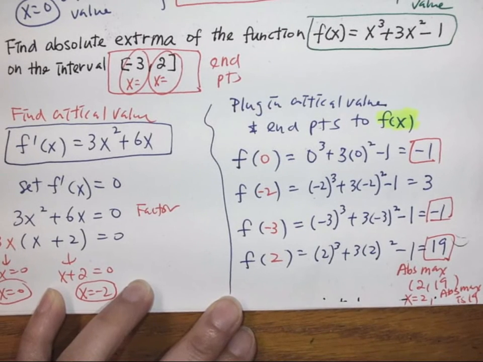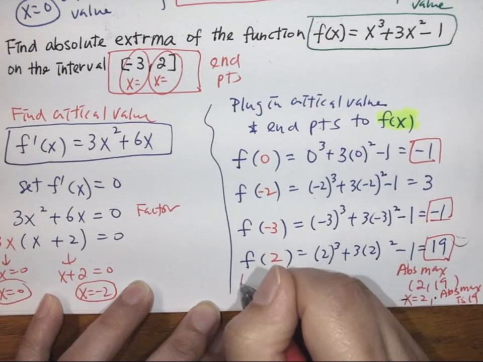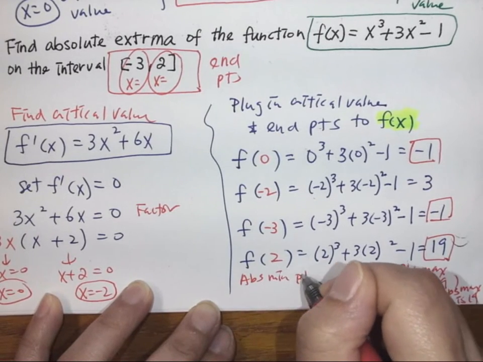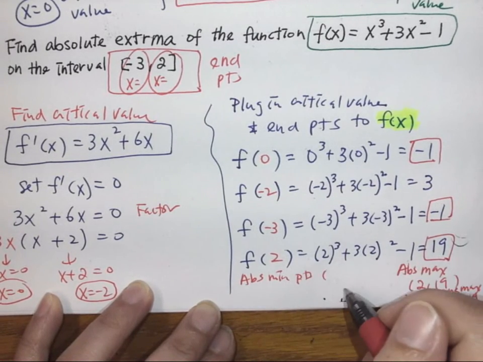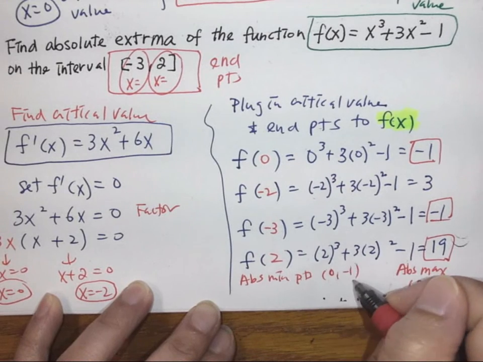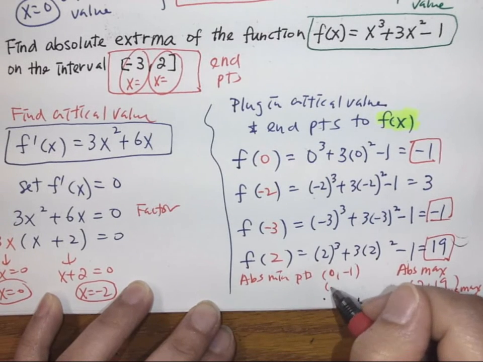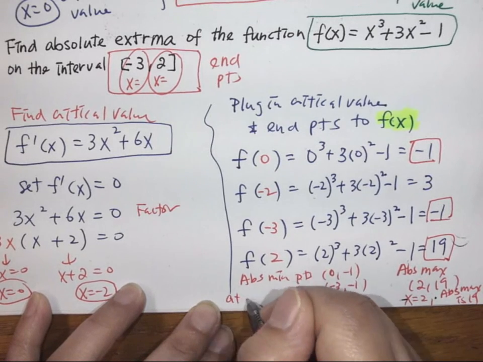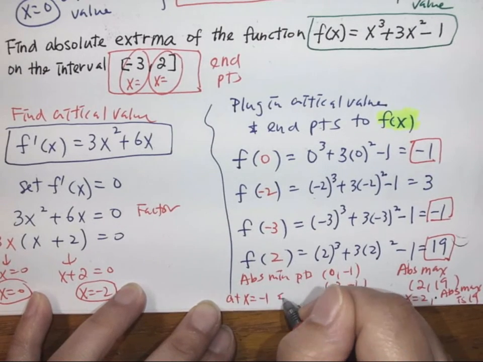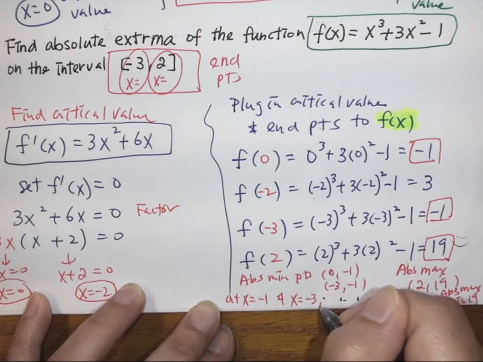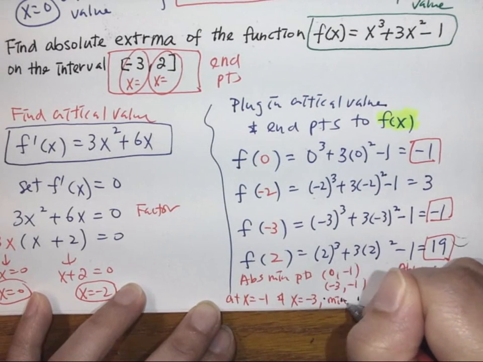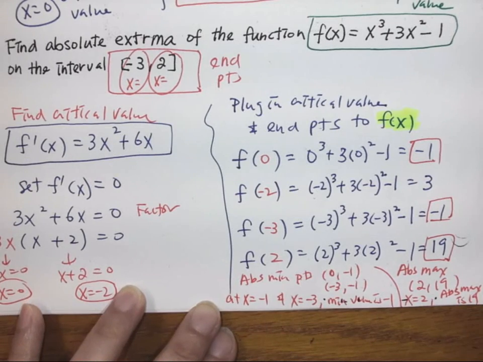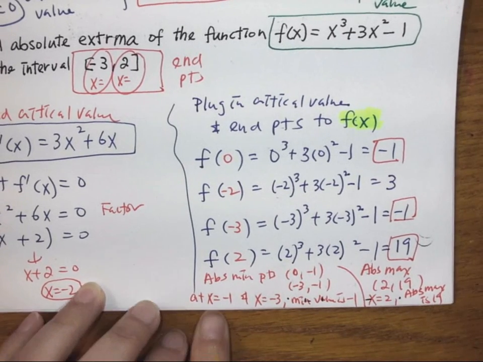Sorry, I'm running out of space. And then the absolute minimum points are (0, -1) and also (-3, -1). So they are at x equal to 0 and x equal to -3, with the minimum value of -1. Sorry, it's a little bit crammed, but that's what you get. Thank you.